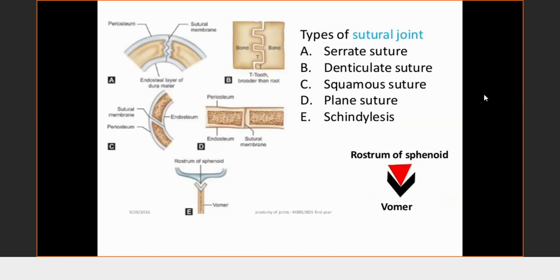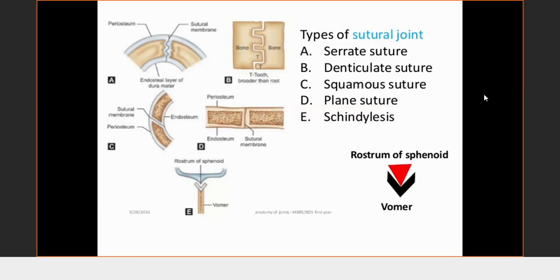Okay. So we have talked about one type of fibrous joint, that is the suture, and different types of sutural joints are there depending on the surface of the articulating bones.